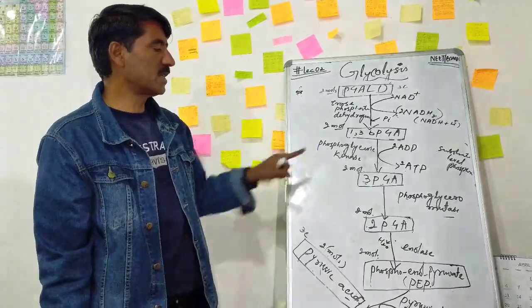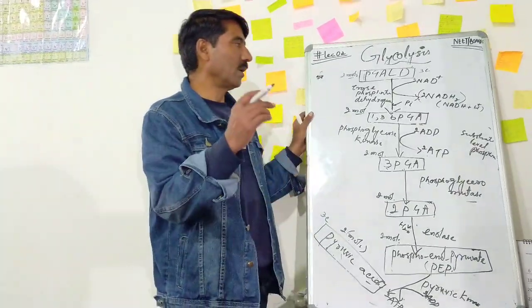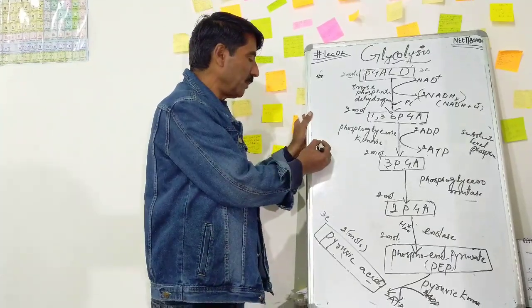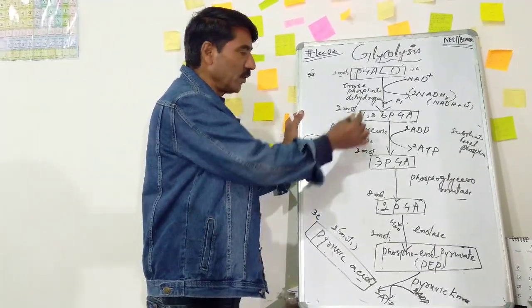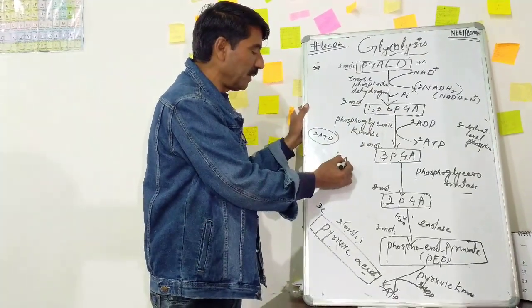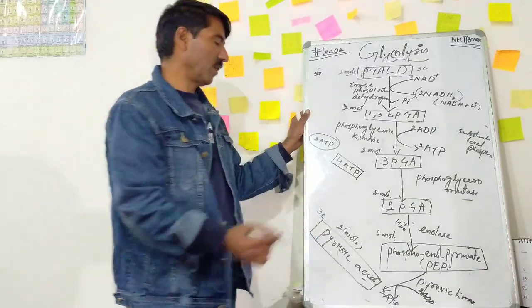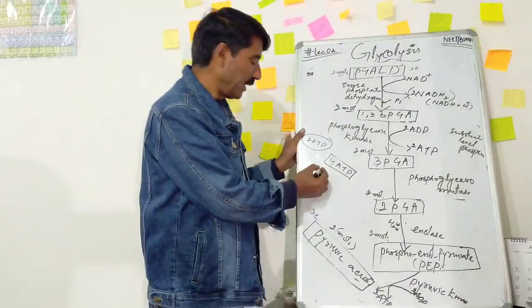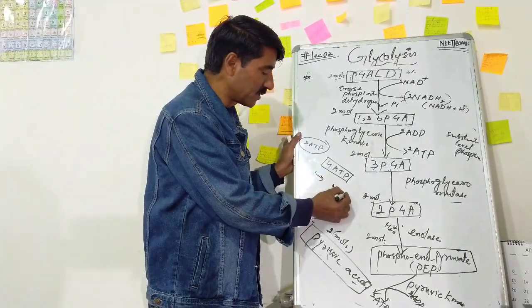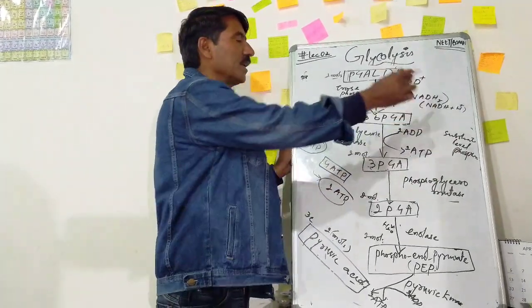During this pathway, in the beginning 2 ATP molecules are consumed, and 4 ATP molecules are generated. If we subtract the consumption from the formation, there will be a net gain of 2 ATPs and 2 molecules of NADH2.